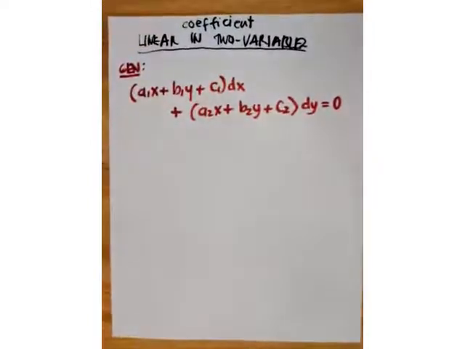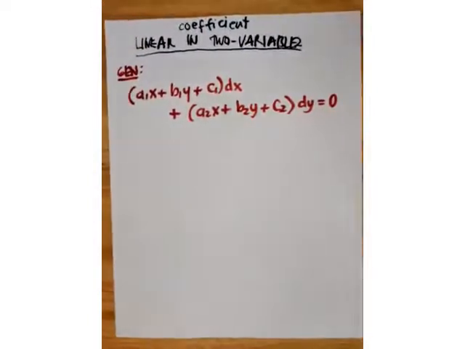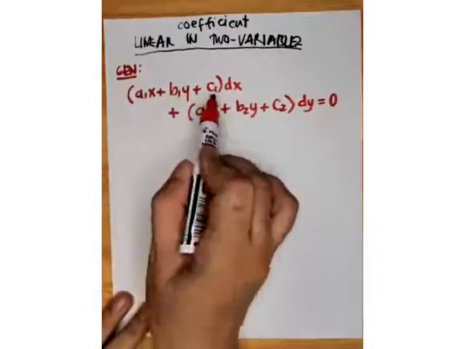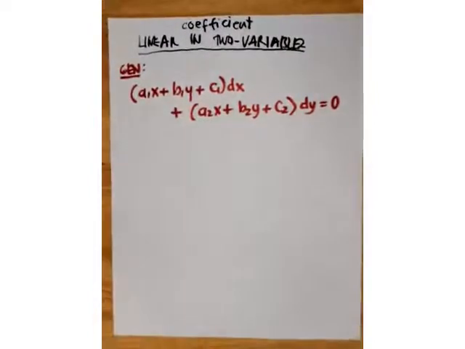So if our differential equation can be written as this, then it is under coefficients linear in two variables. The a1, b1, c1, a2, b2, c2 are the coefficients or constants in our differential equation.